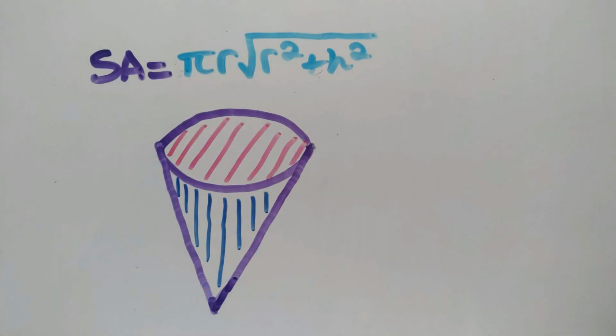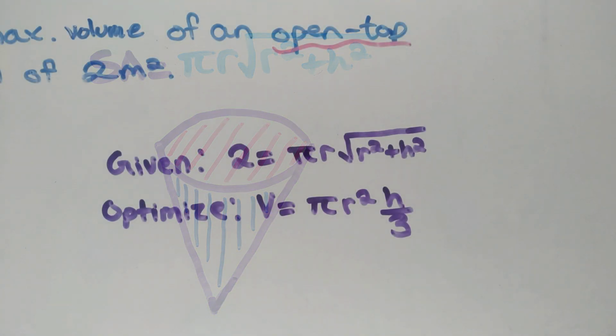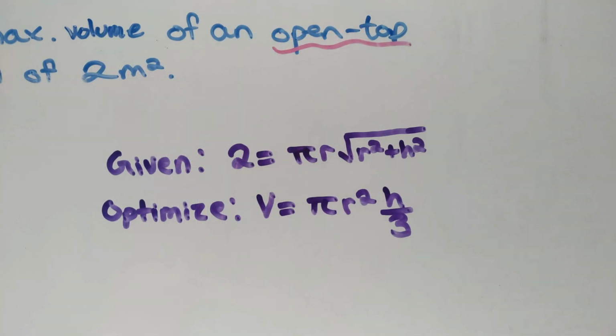Putting this back into our equation, the surface area of this cone is equal to pi r times the square root of r squared plus h squared. So this is what we're given: 2 is equal to pi r times the square root of r squared plus h squared, and what we're optimizing is the volume, which is pi r squared times h over 3, the volume of the cone.